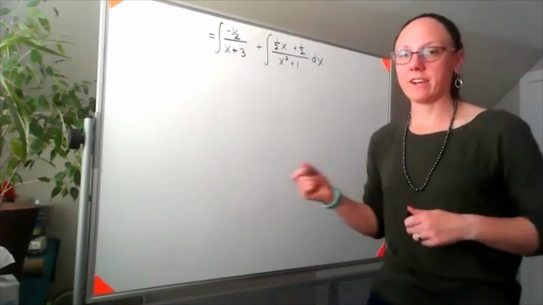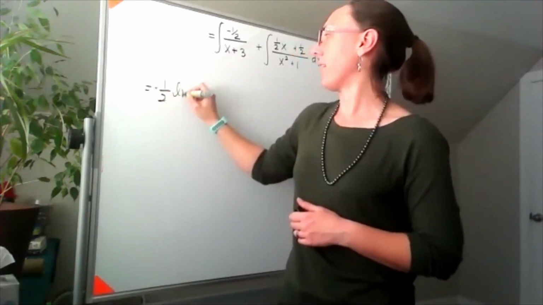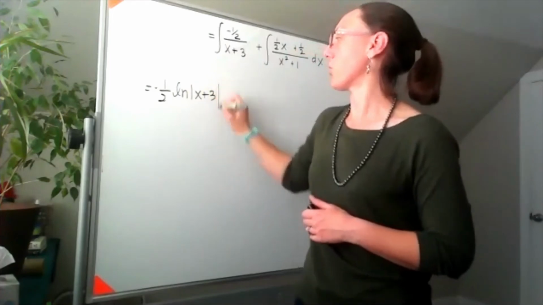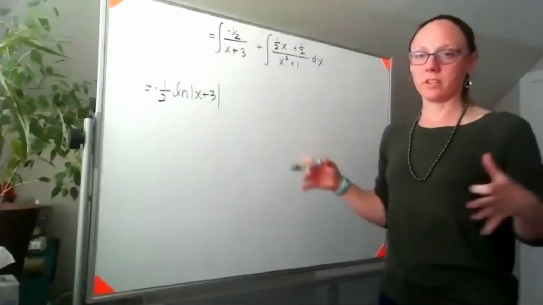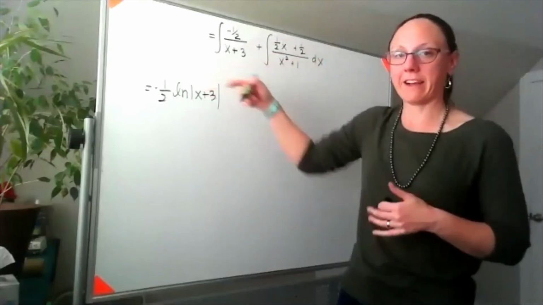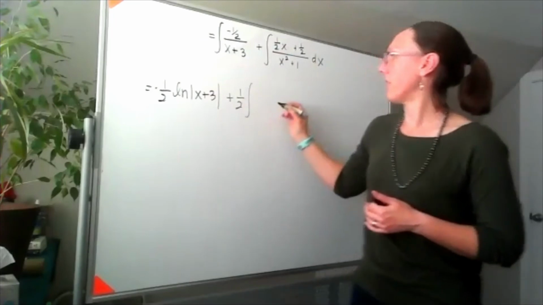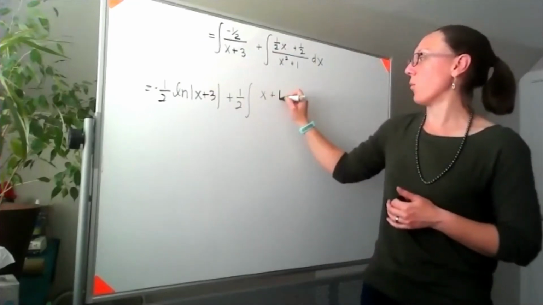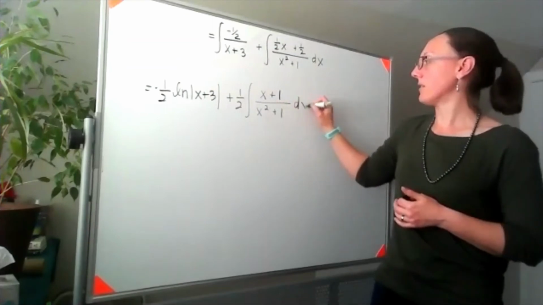It's just another natural log. I'm looking at -1/2 ln x plus 3. For this second one, just because I don't want to look at the fractions, I'm going to go ahead and factor that 1/2 out. So that's 1/2 the integral of x plus 1 over x squared plus 1 dx.